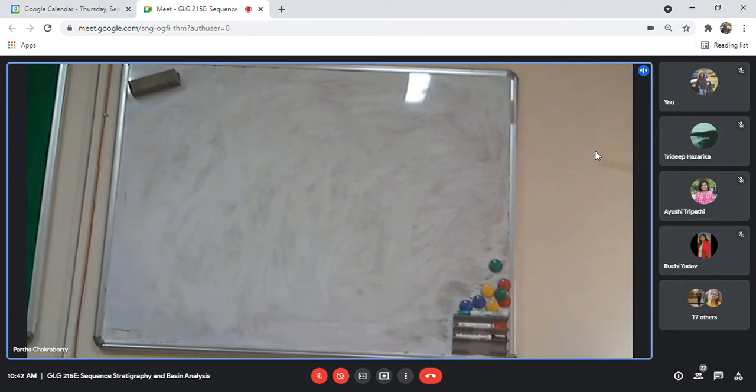That is a very predictable way I expect all the system tracts to come one after another in the depositional history of the basin, if the basin is subjected to a sinusoidal base level rise and fall. Isn't it? We expect it should be predictable.